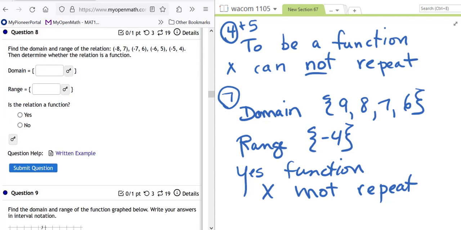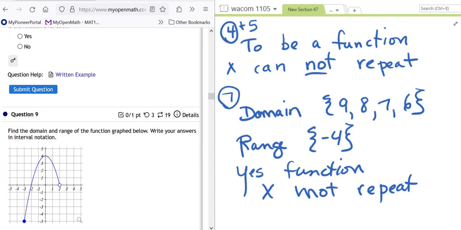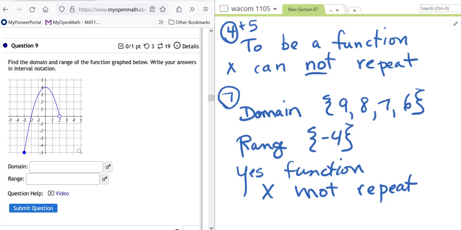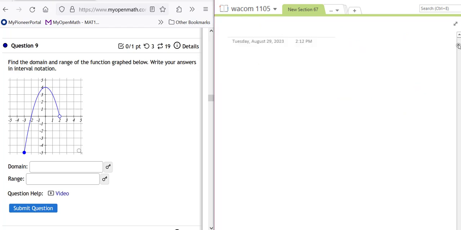Number 8 is the same kind of question, so do the same kind of work. This is a little harder. You are going to find the domain and the range of this picture. So they're giving you the picture.